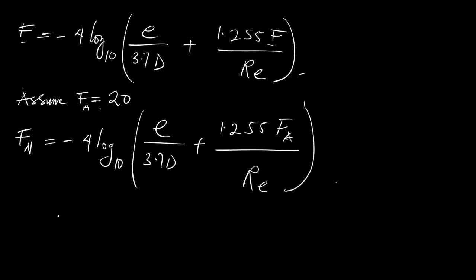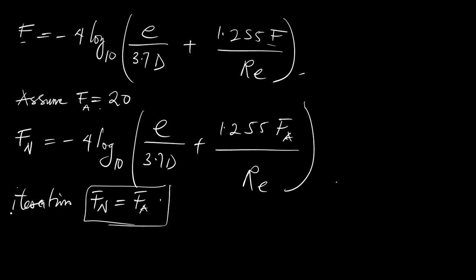So this is what we're going to be doing now. We're going to be doing an iteration until Fn is close to Fa, almost the same value.